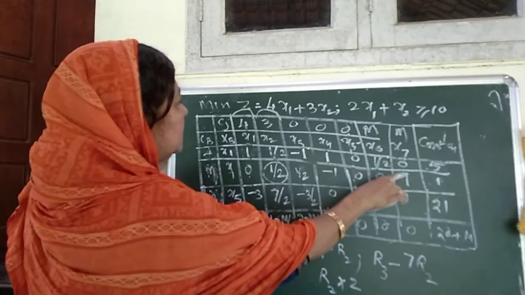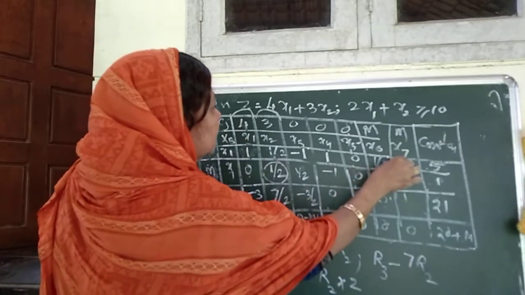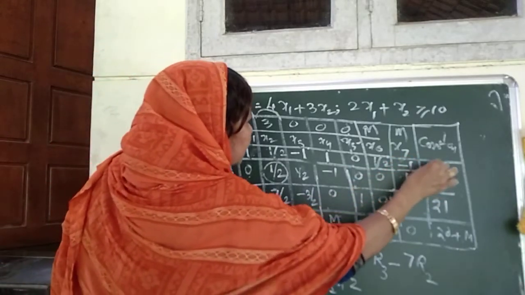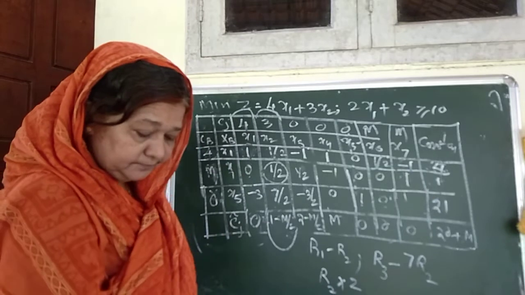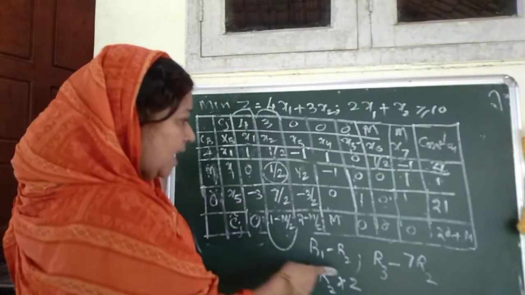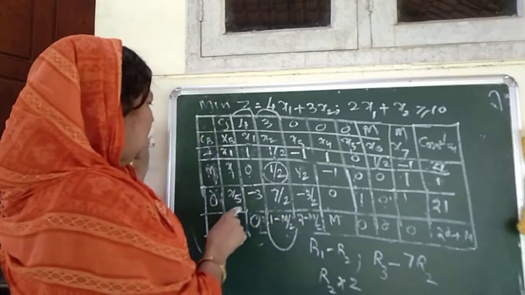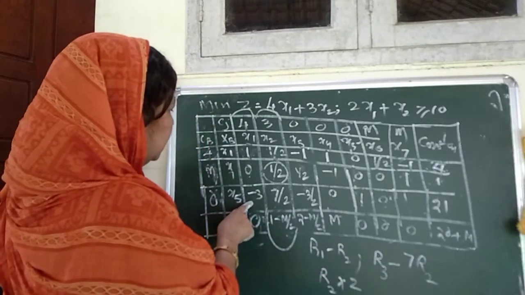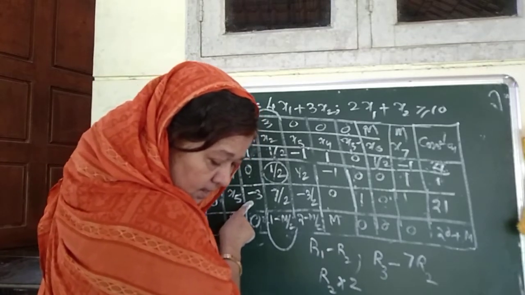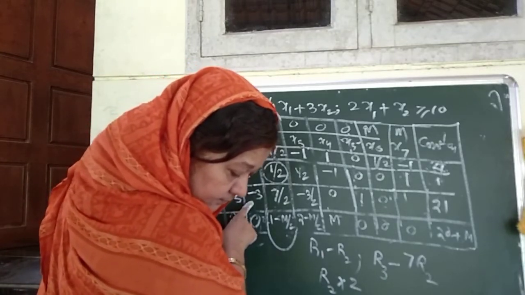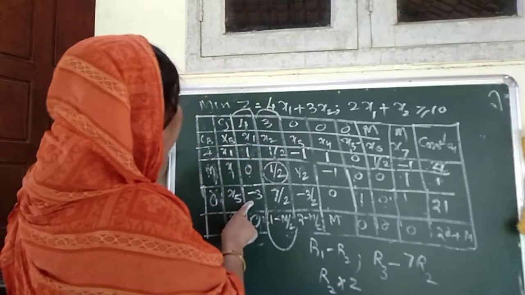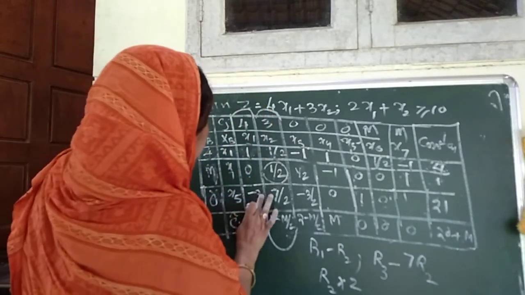Here also 0 minus 1, it is minus 1. Then 5 minus 1, that is 4. It is very important. Also, then R3 minus 7 R2 gives 0.